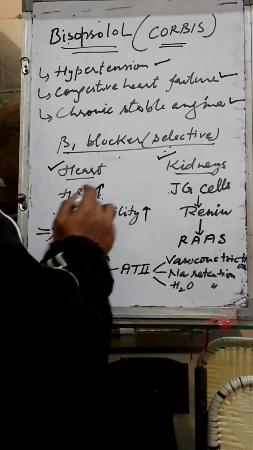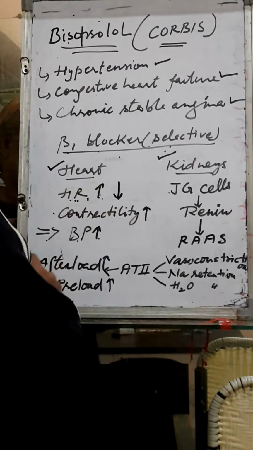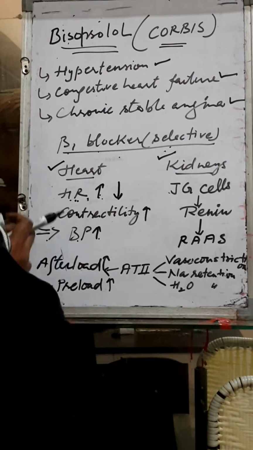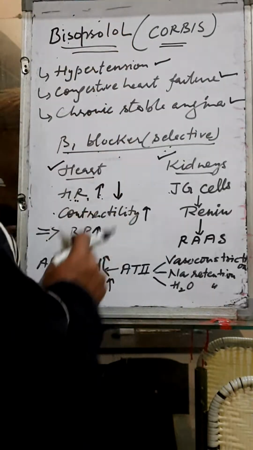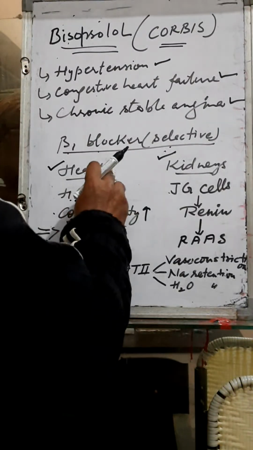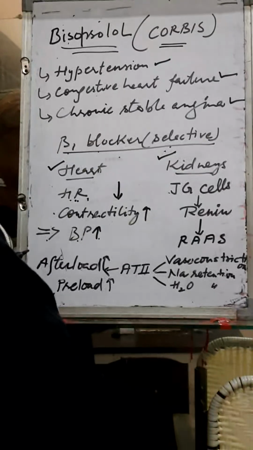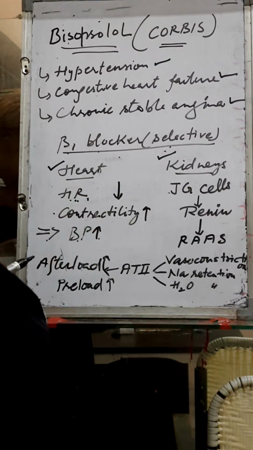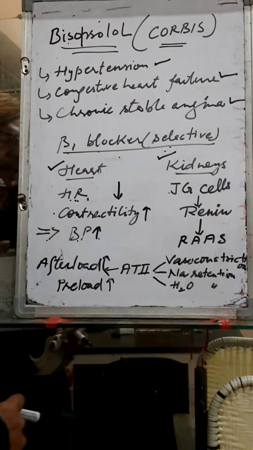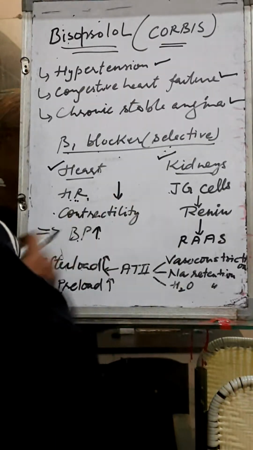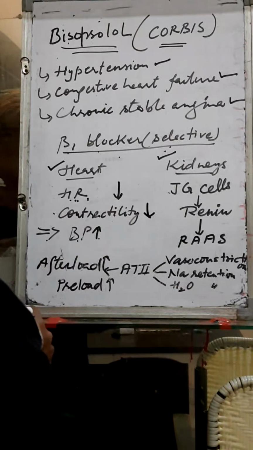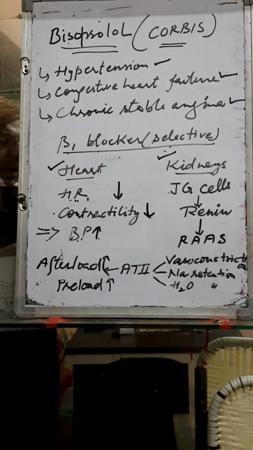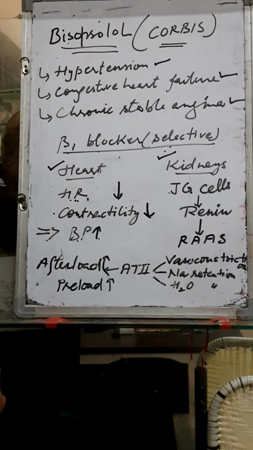When beta 1 blocker, that is bisoprolol, acts upon these receptors, the heart rate gets reduced due to the negative chronotropic action of this blocking action. Also, the contractility is reduced, because the action is negative inotropic action.